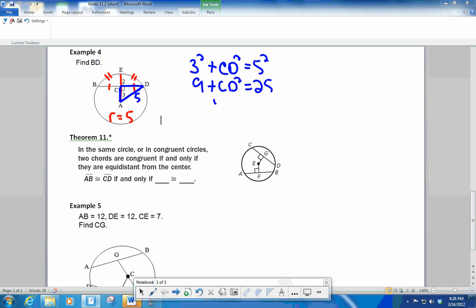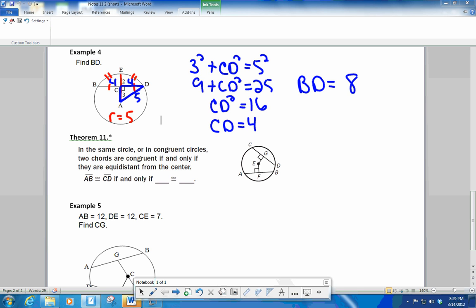If I subtract 9 from both sides, CD squared is 16, and if I take the square root of both sides, CD is 4. If CD is 4, then BC is 4 because that radius bisects that chord. And so BD is 4 plus 4, or 8.